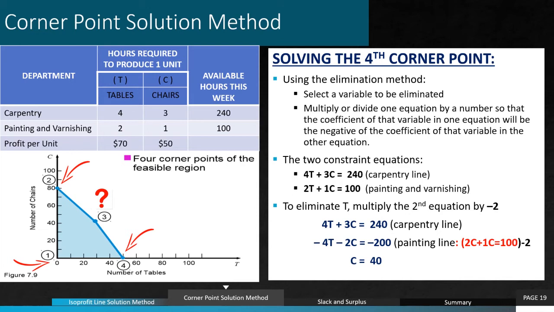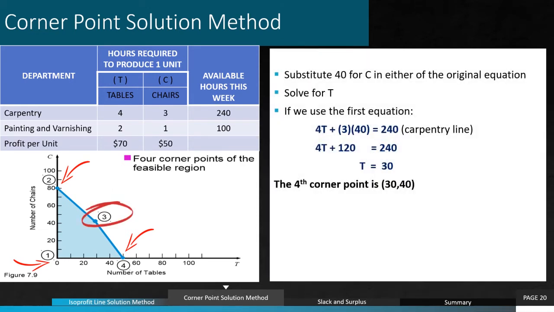So the second equation will become -4t minus 2c equals -200. If we add, 4t minus 4t is 0. Then 3c minus 2c equals c. And 240 minus 200 equals 40. So c equals 40.